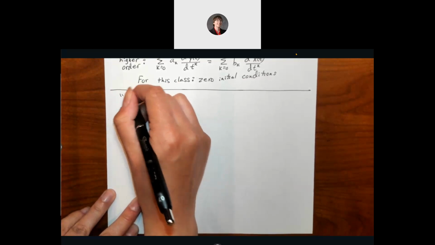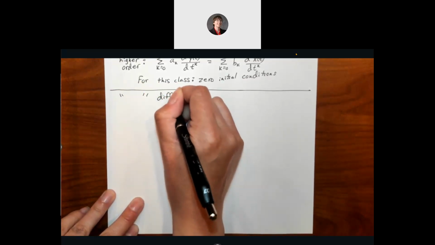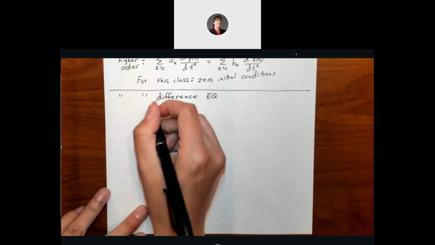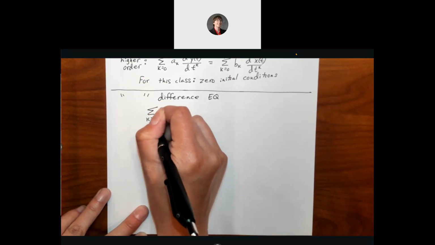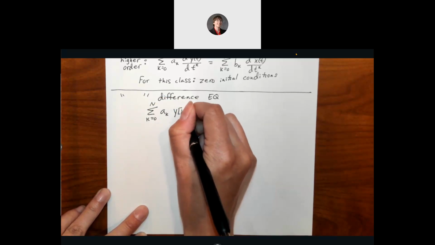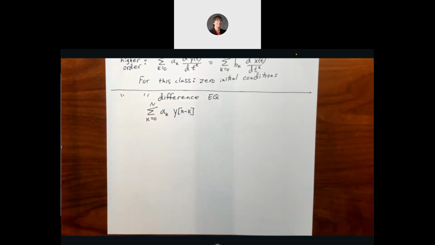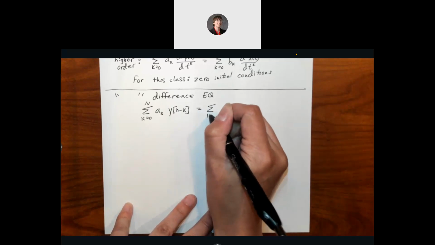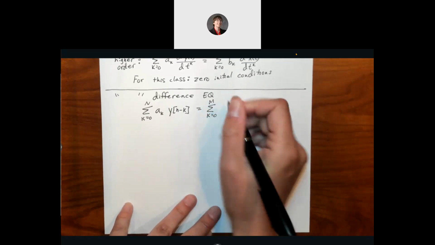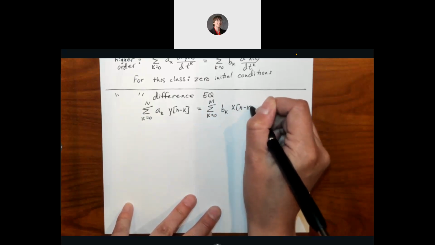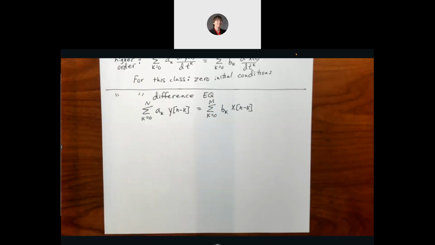And so the equivalent, that linear constant coefficient difference equation, what those are going to look like is you're going to have a summation of linear combinations of delayed versions of the output, so current and past outputs, and those are going to be related to a linear combination of current and past inputs.